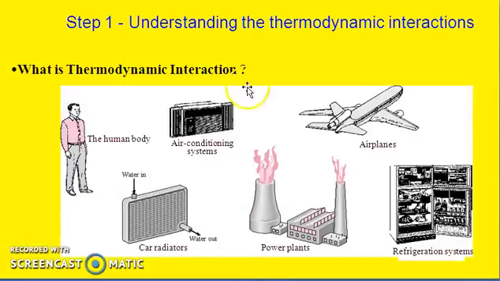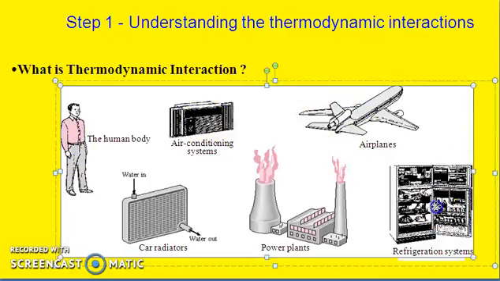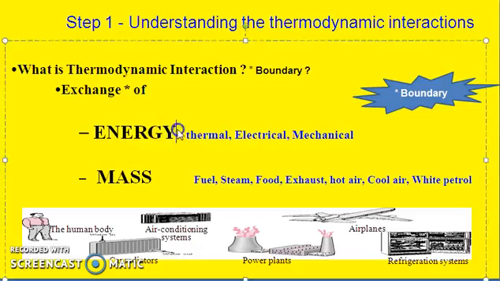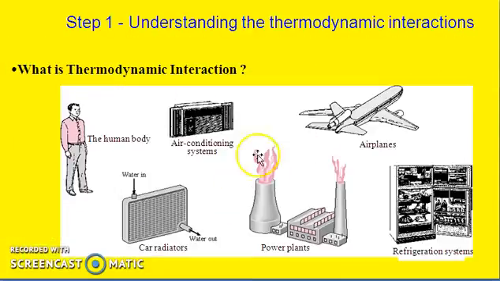The entire interactions of any system, whether it is a human being, an aeroplane, or a refrigerator, can be broadly classified into two interactions: energy interactions and mass interactions. Consolidating from our previous examples, energy can be thermal, as in the case of thermal power plants.